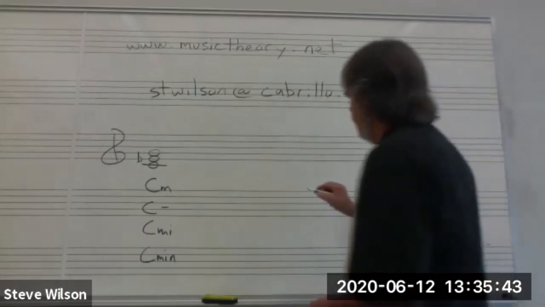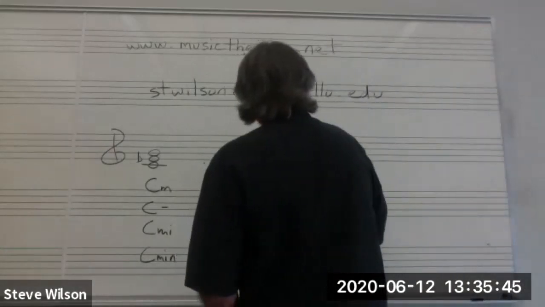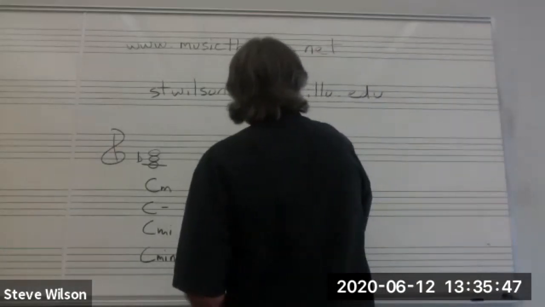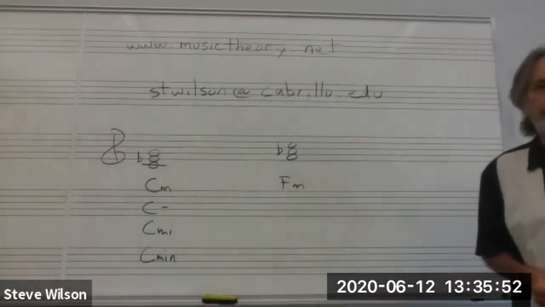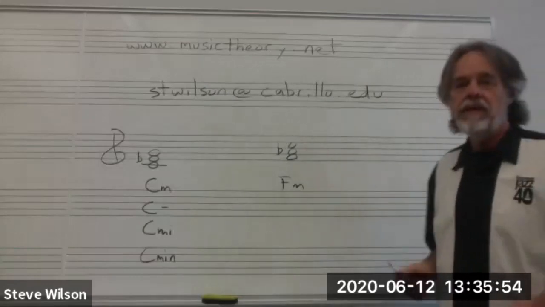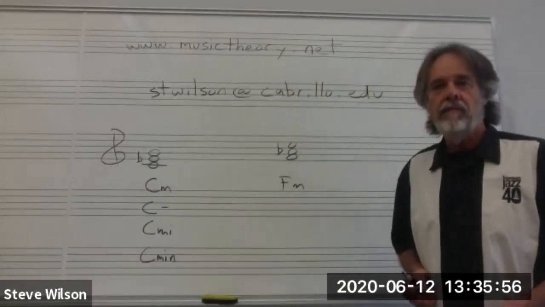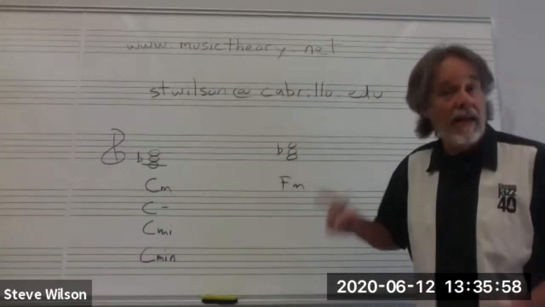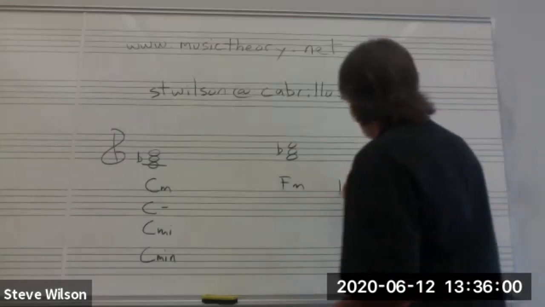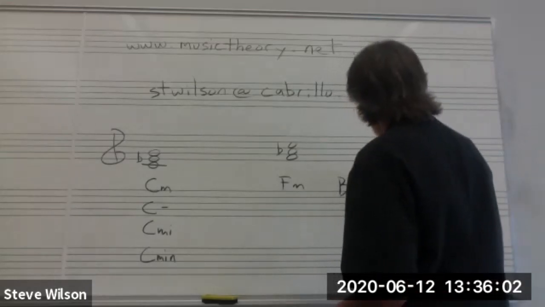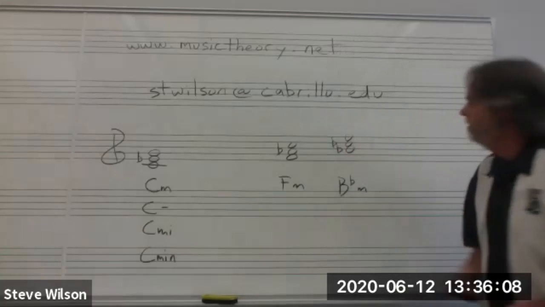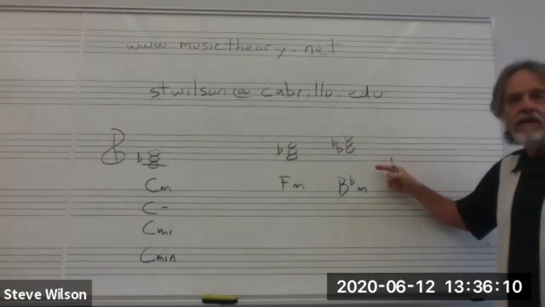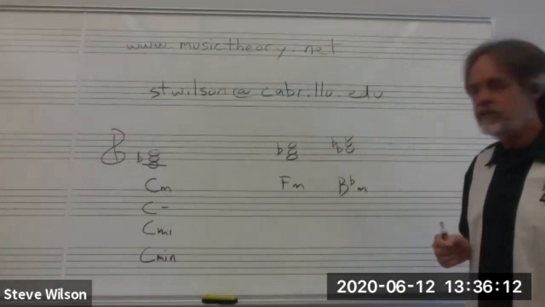So for example, if I had F minor, that would be F, A flat, C. That's 1, flat 3, 5 of the F major scale. If I wanted a B flat minor triad, that would be B flat, D flat, F. 1, flat 3, 5 of a B flat major scale.